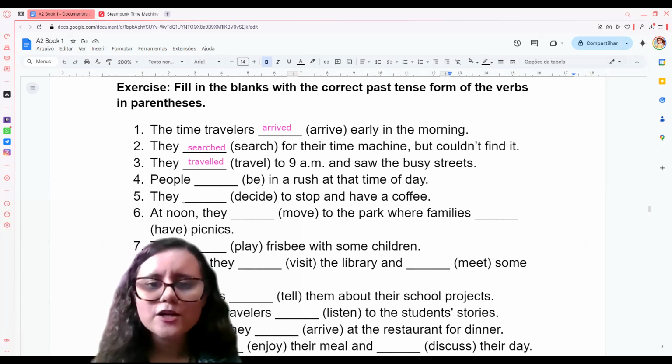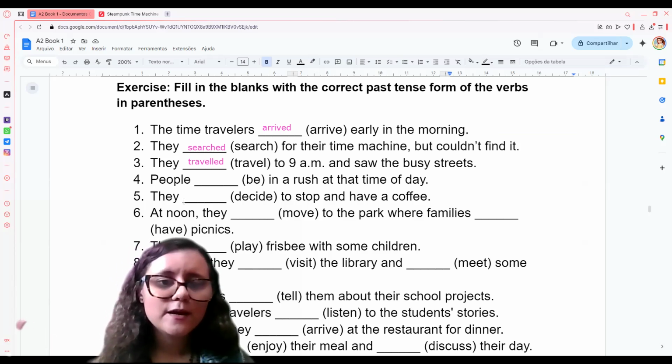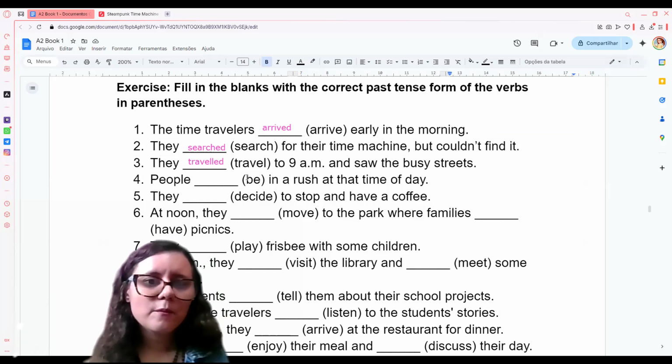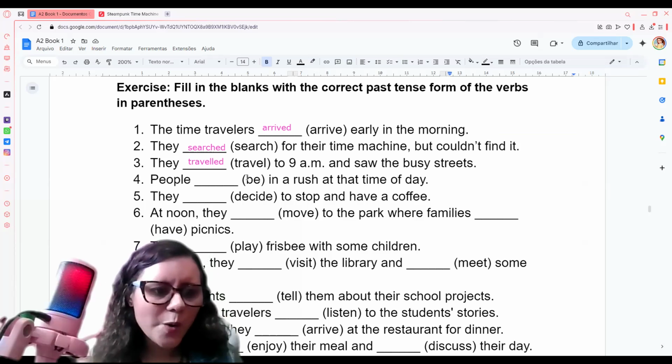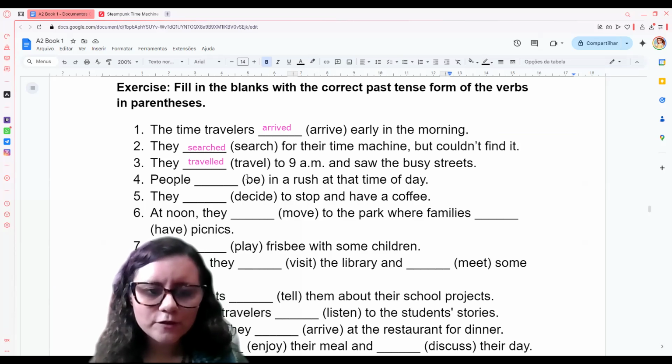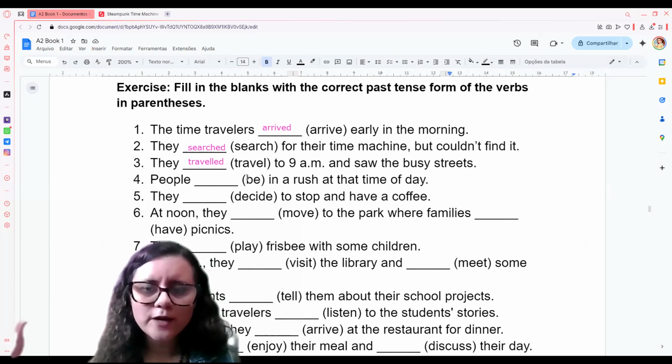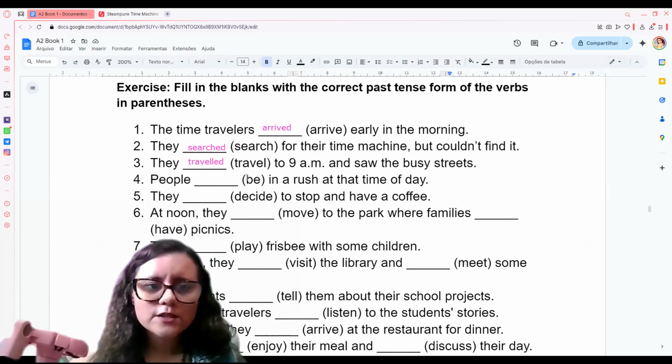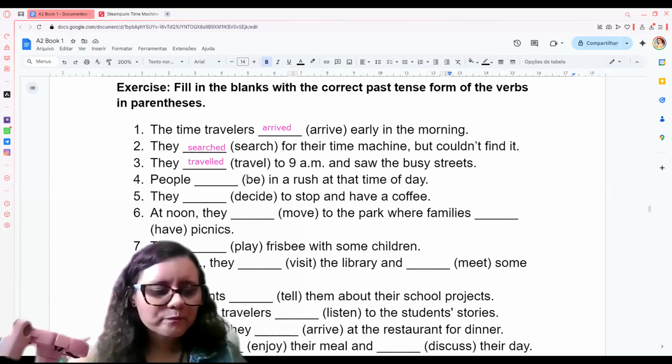People in a rush at the time of the day. The verb is be. So the past of the verb to be is irregular. There are two forms, was and were. Was, W-A-S, were, W-E-R-E.